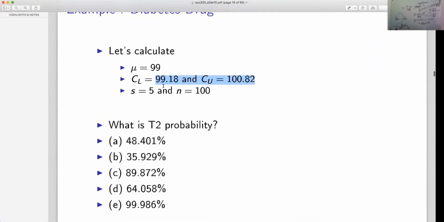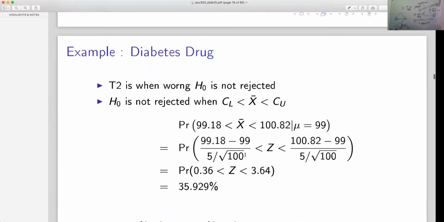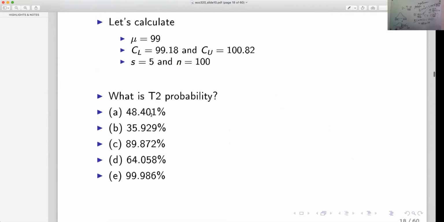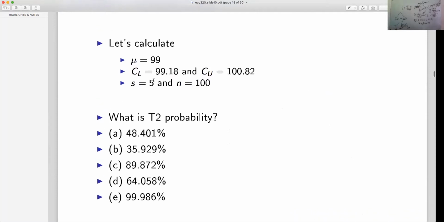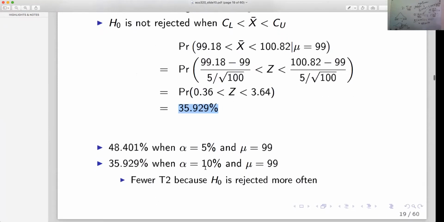Previously when we had 5%, this was our answer, 48%, but with 10%, the critical values were shrunk, right? Based on the calculation I did before, it became 35%. So it shrank from 48 to 36% when you increase alpha from 5 to 10%.